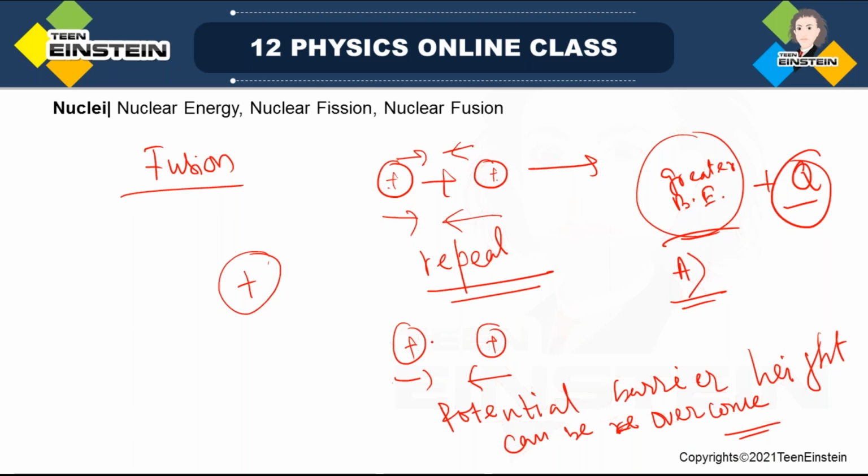That's why, if you take two protons, a simple example, and fuse them to get a light nucleus, then also you need a huge amount of energy to be supplied to them.